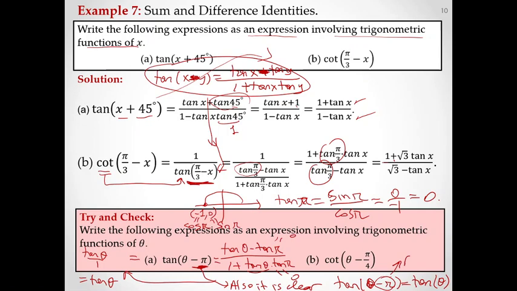This is the period of tangent. If you know these shortcuts, you can directly go ahead and say this is tangent theta because of the period. Or add pi here. Adding pi will give you another angle, but it will be the same tangent. So you can also use the period here.